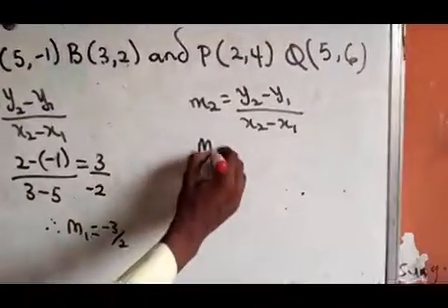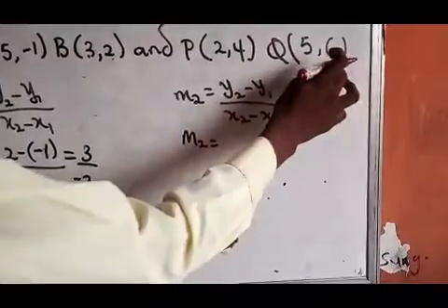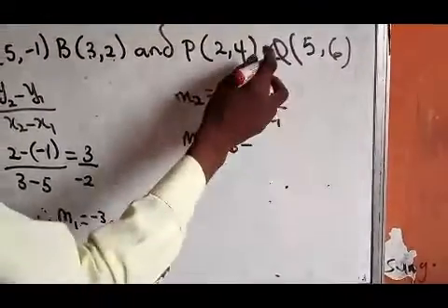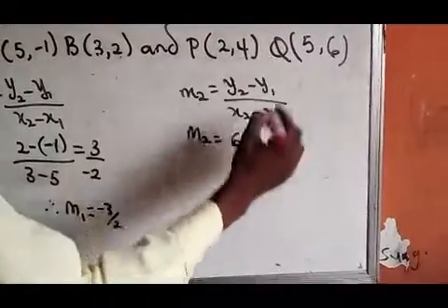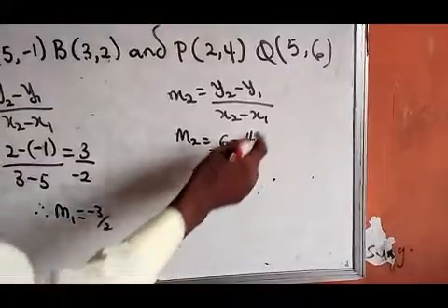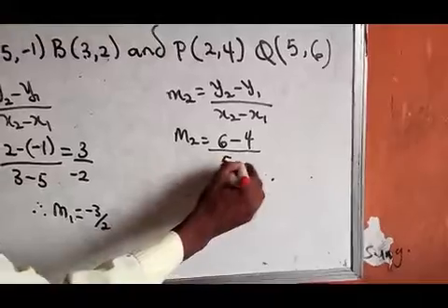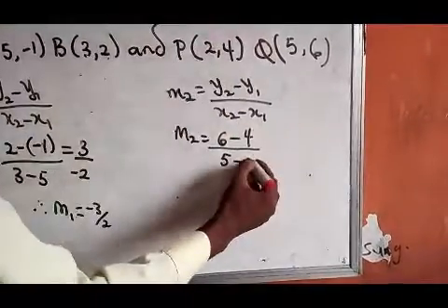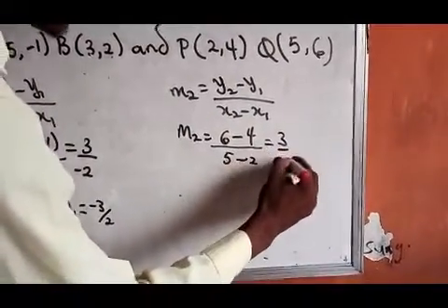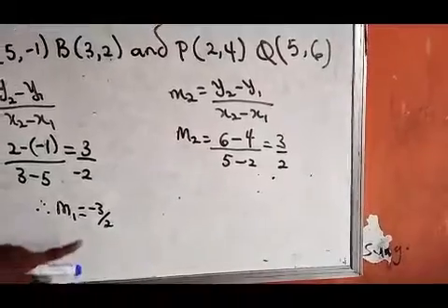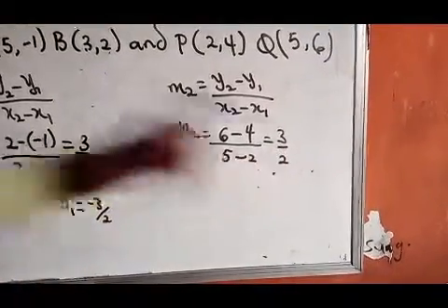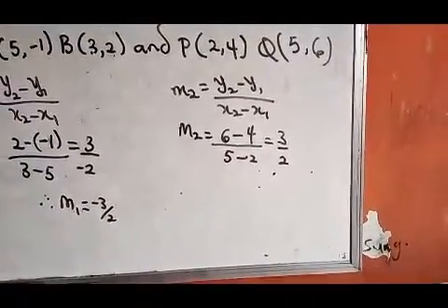So for our m2, our y2 is 6, our y1 is what? 4. So that's 6 minus 4, and our x2 is 5 over x1 is what? 2. So that's what? 3 over 2. Now you can see here I have minus 3 over 2, here I have 3 over 2. So are they parallel?